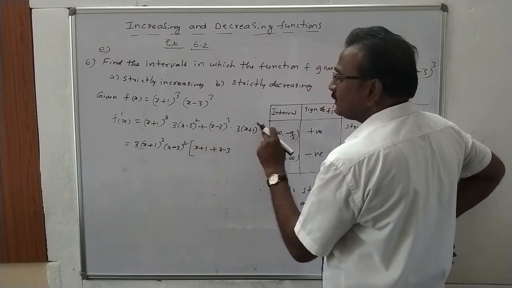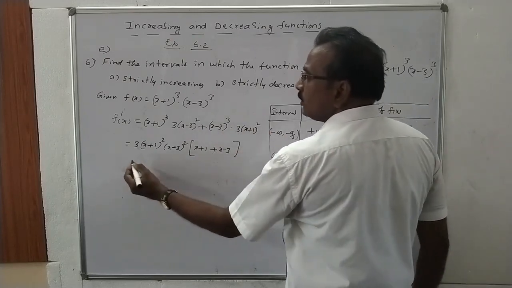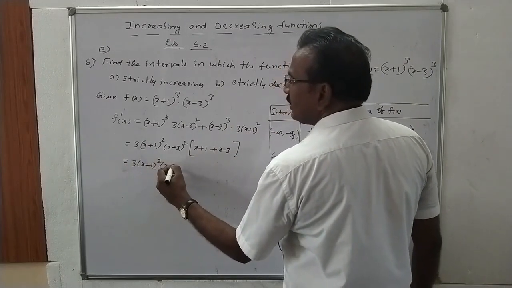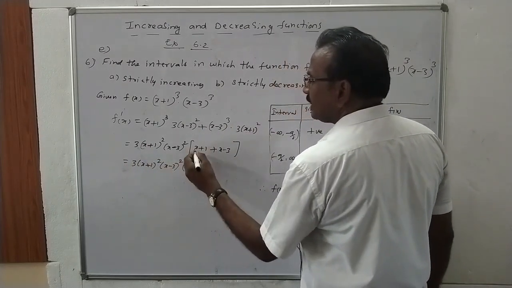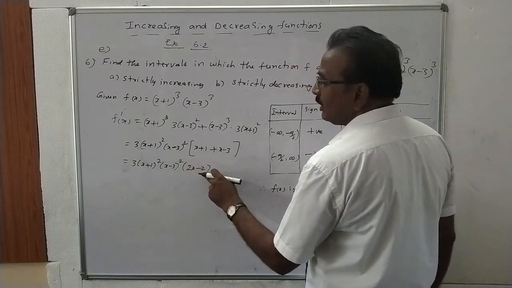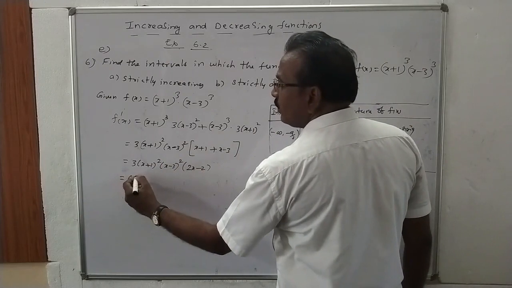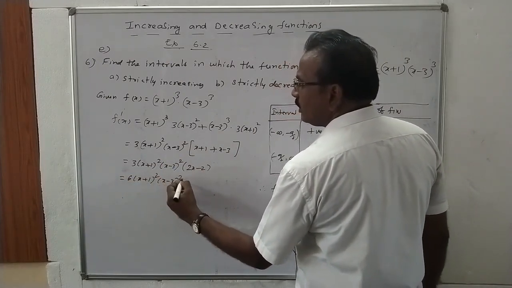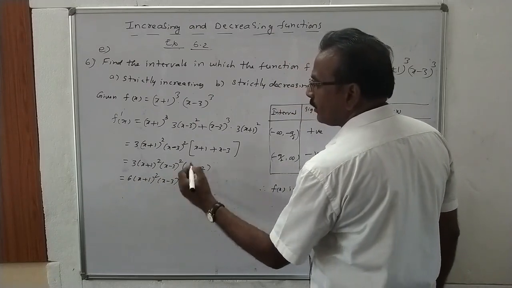So that is 3 into (x plus 1) whole square into (x minus 3) whole square into (x plus x, 2x minus 2). Again 2 taken outside, 2 threes are 6 into (x plus 1) whole square into (x minus 3) whole square into (x minus 1).